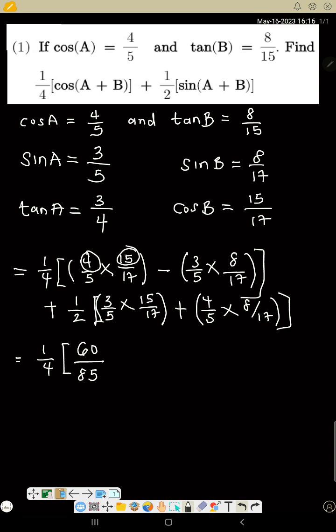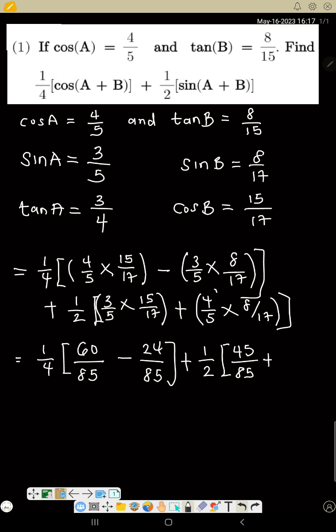I'm multiplying this, 4 times 15, 5 times 17, minus 3 times 8, 24, over 5 times 17, 85, plus 1 over 2, again 3 times 15, that's 45, divided by 5 times 17, that is 85, plus 4 times 8, that's 32, divided by 5 times 17, that is 85. So like that.